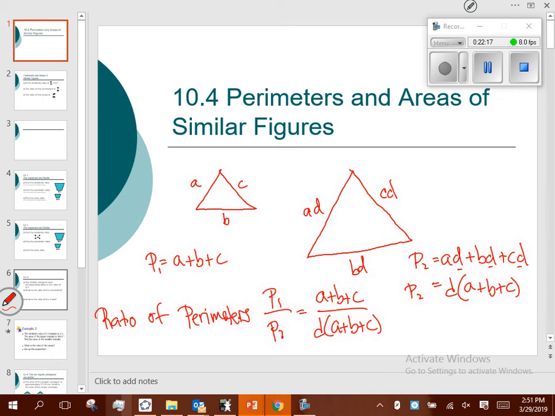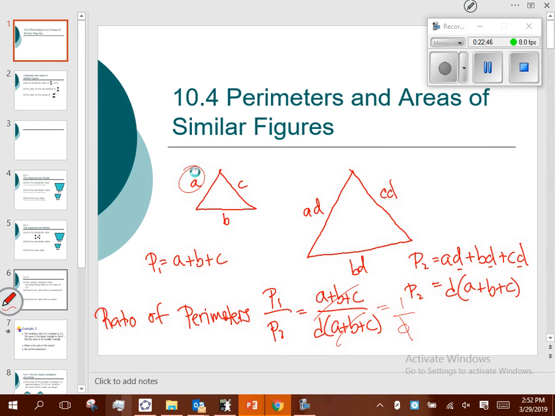They represent side lengths. If I have A plus B plus C on top and A plus B plus C on the bottom, what are they going to do to one another? Cancel out. And what are you left with? Those are going to cancel, and you're left with just 1 on top and D on the bottom, right? Does that make sense to everybody?